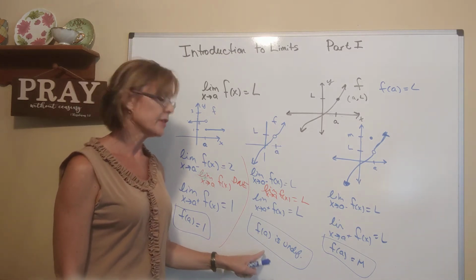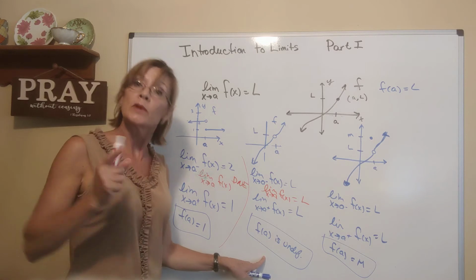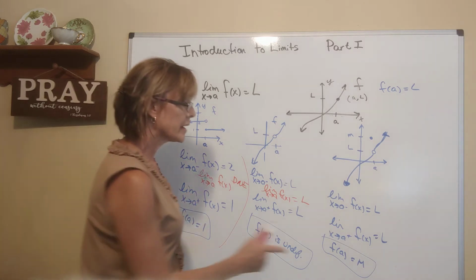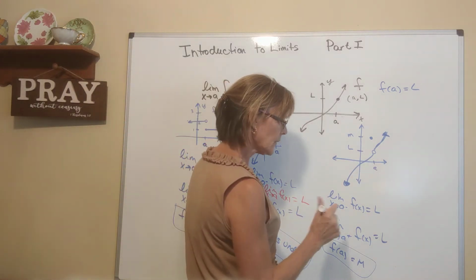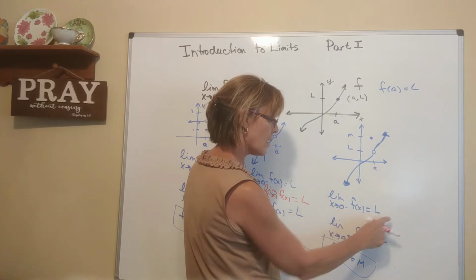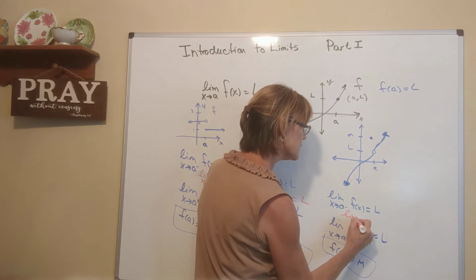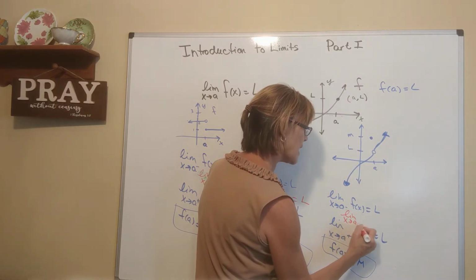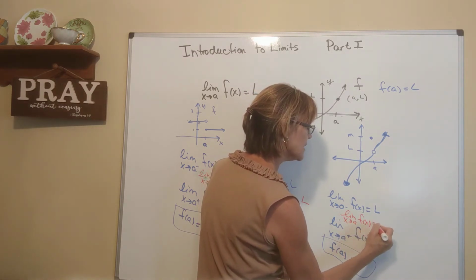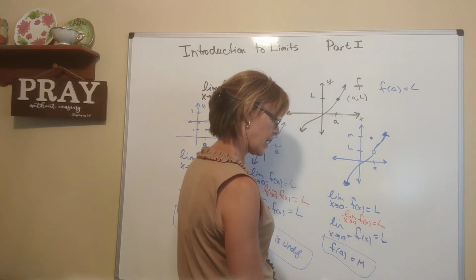It was not even defined, but that didn't matter. We still have a limit. Right here, the limit as x approaches a from the left is L, from the right is also L, so they agree. So the limit as x approaches a of f of x is equal to L, okay?